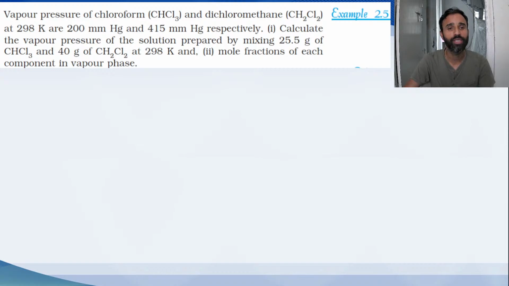Next question is, vapor pressure of chloroform and dichloromethane at 298 Kelvin are 200 mm Hg and 415 mm Hg.